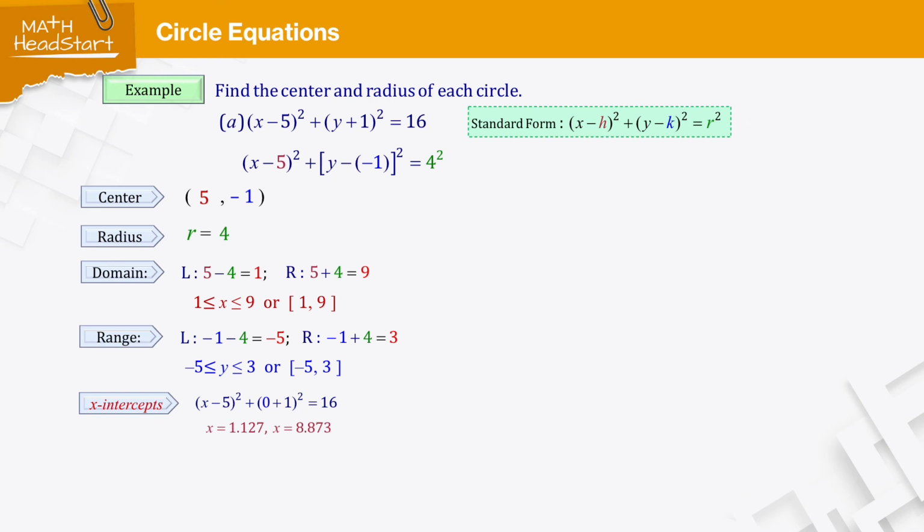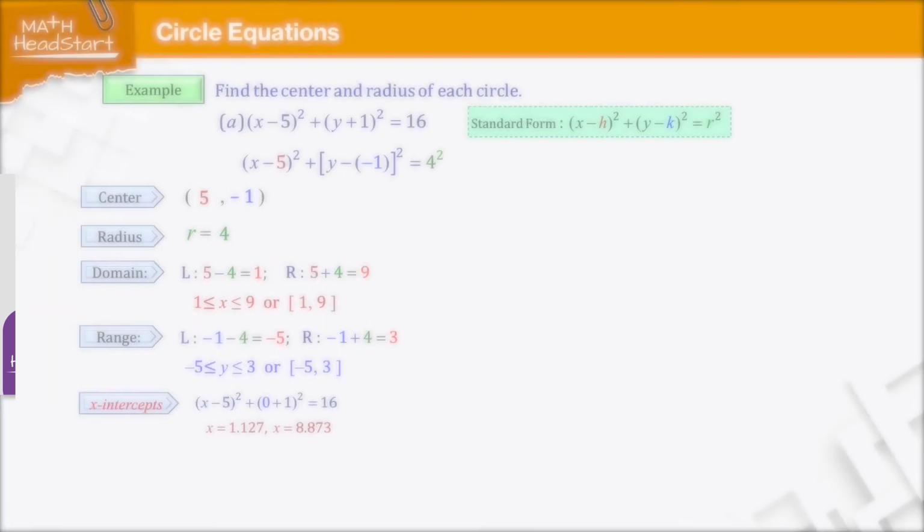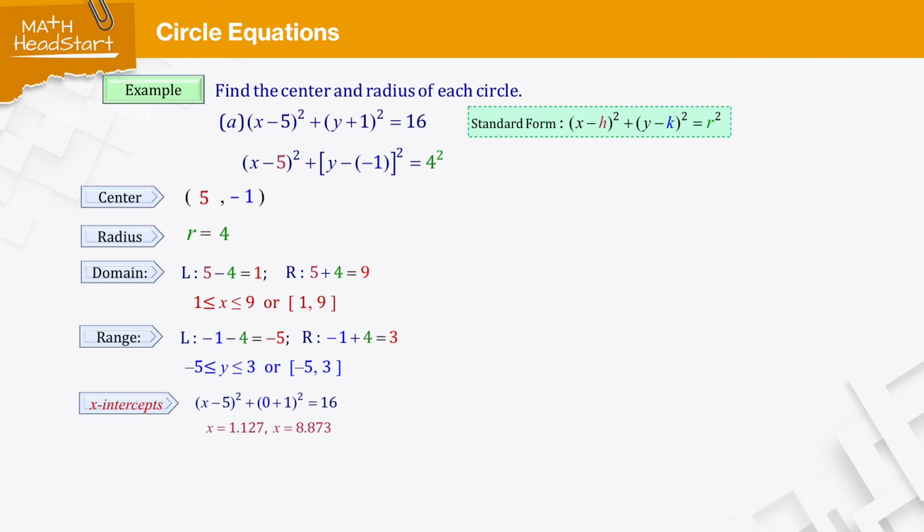If you're not sure about how to solve this equation, please watch a separate video called Solving Quadratic Equation by Completing the Square Method to see a step-by-step tutorial. For the y-intercept, substitute 0 into x and solve for y. However, this equation does not give real number solutions.